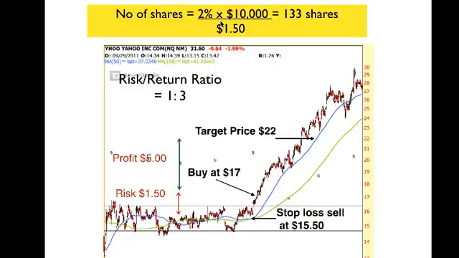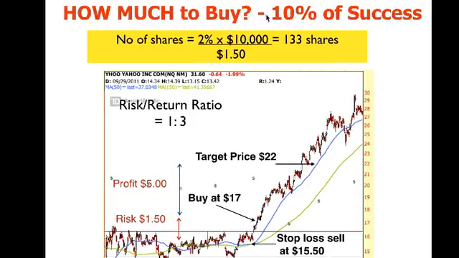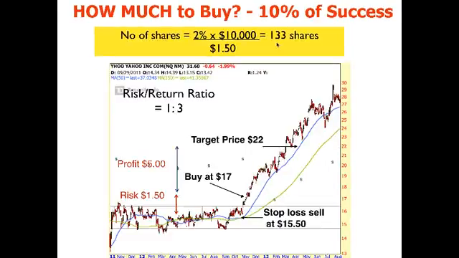When I buy Yahoo, I risk another $200. So I always risk the same percentage of my capital. Okay? But in this case, each share, I'm risking $1.50. So I take $200, divide by $1.50, I get 133 shares. So for Yahoo, I buy 133 shares of Yahoo.